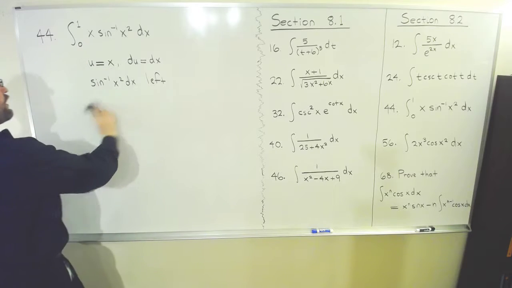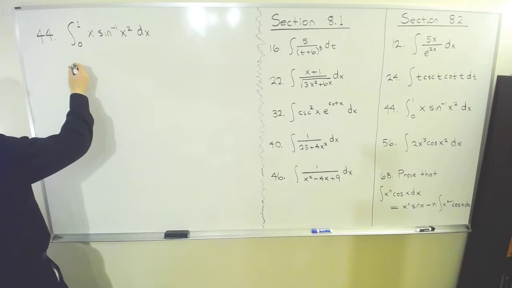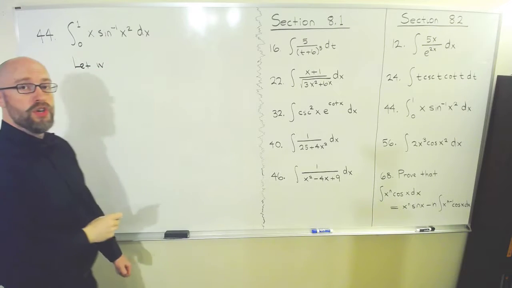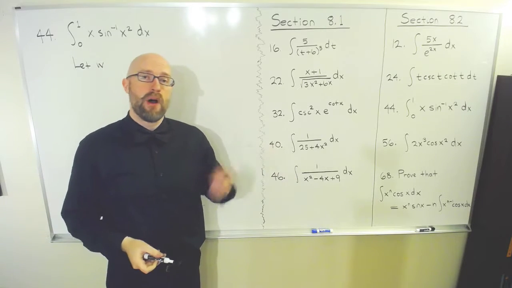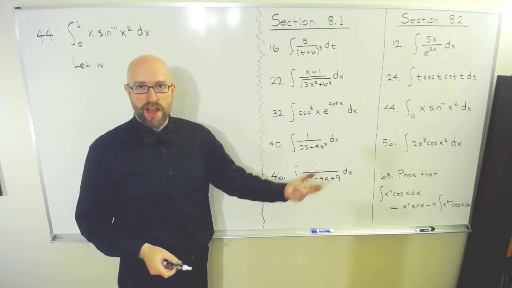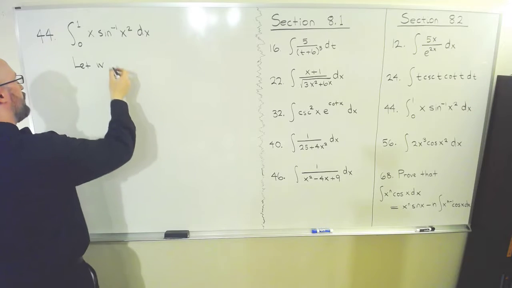What's better is to do a substitution first. So I'm going to say let w, now I'm using w here instead of u as a substituting variable, because later if I use integration by parts, I want to have a u and a dv, because that's what they're usually called in that formula. It doesn't matter what you call these things, it's just a convenient choice.